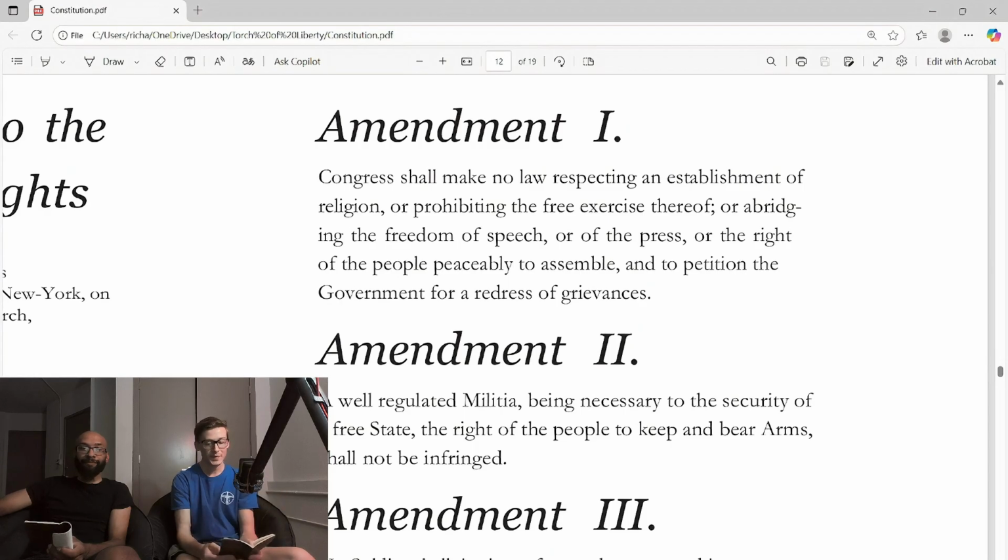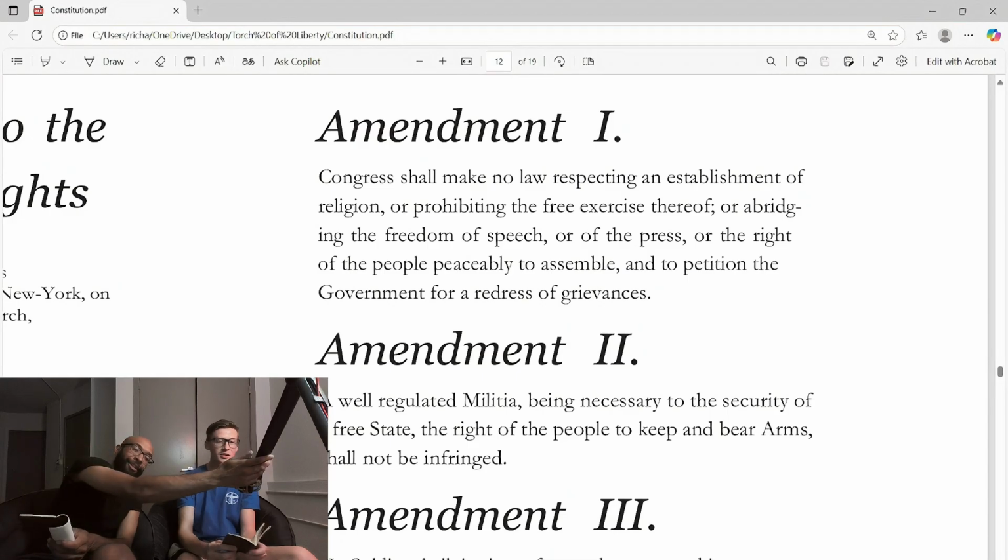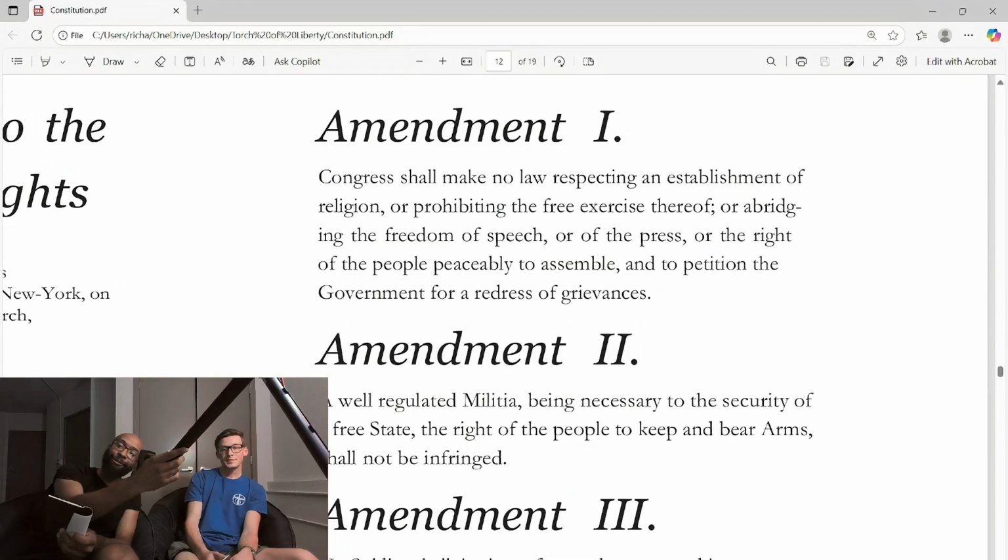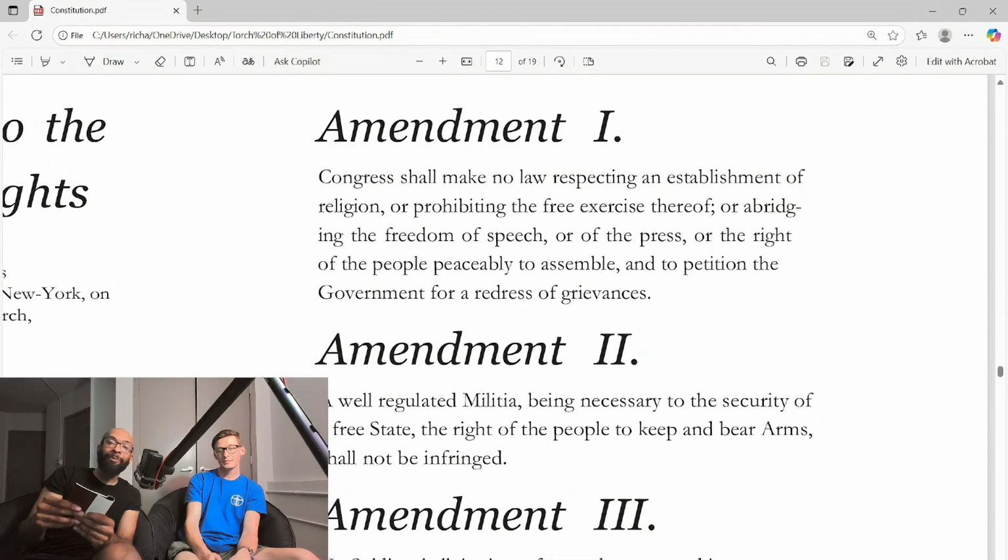Number 2. A well-regulated militia being necessary to the security of a free state, the right of the people to keep and bear arms shall not be infringed. And let me add something to that real quick. Does it say anywhere in here, the right to keep and bear arms shall not be infringed?